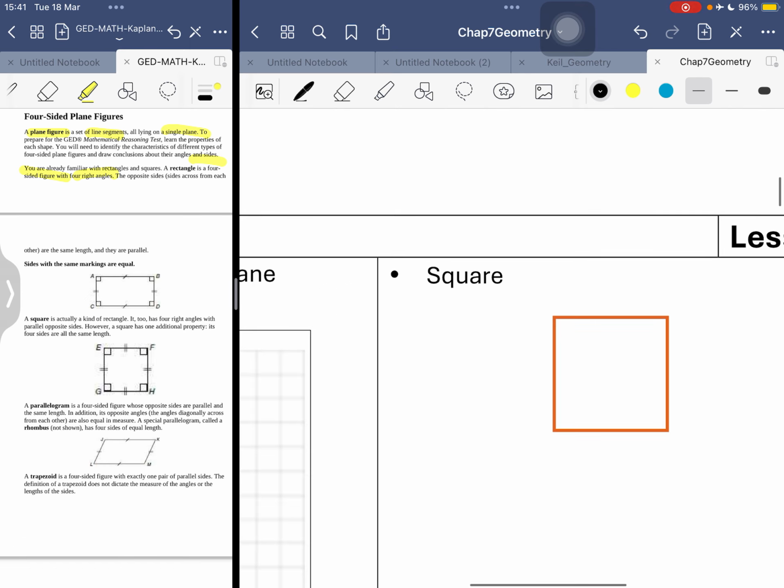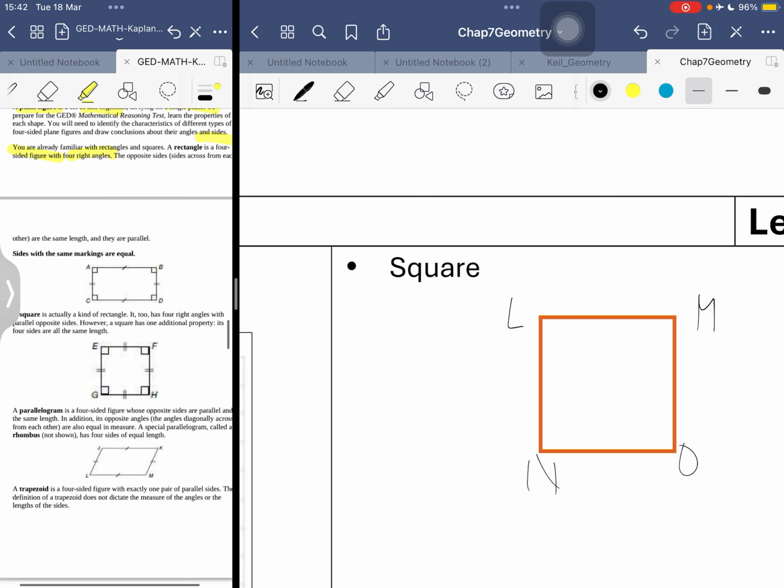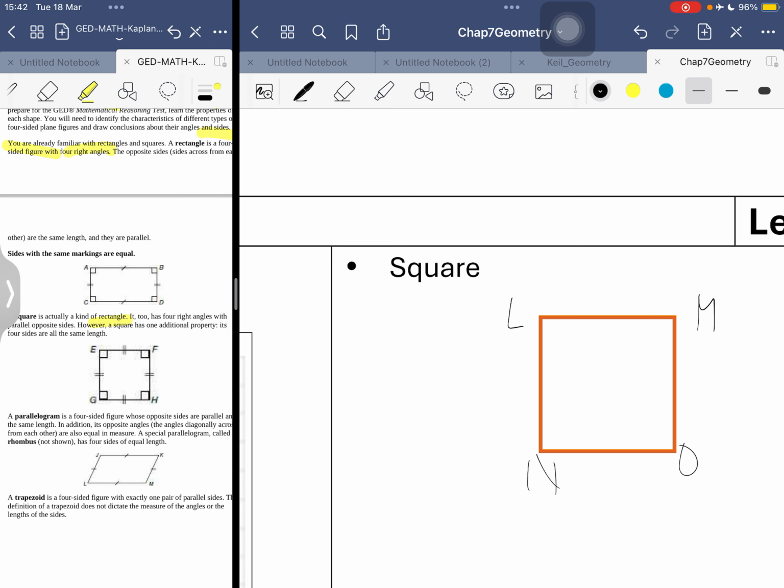Here, for example, we have a square with points, let's say L, M, N, O. A square is defined like a rectangle, but it has four right angles with parallel opposite sides, and all sides are the same length.